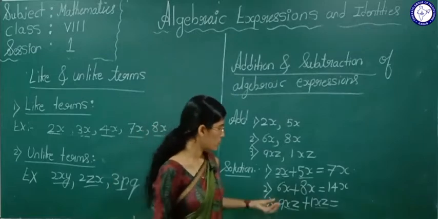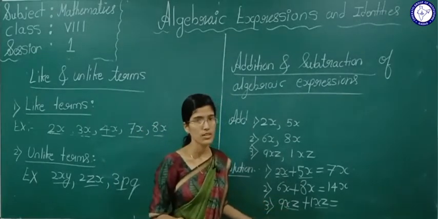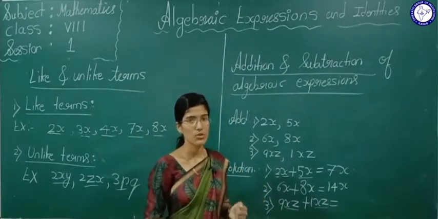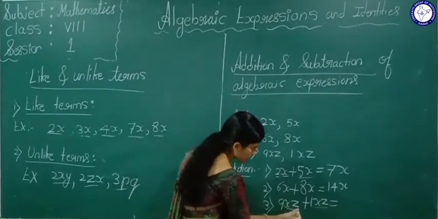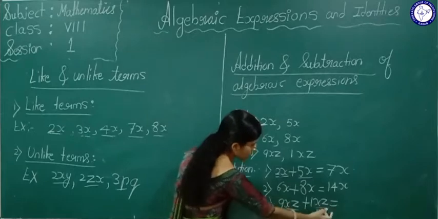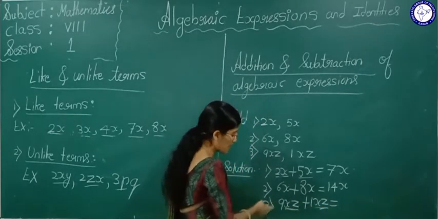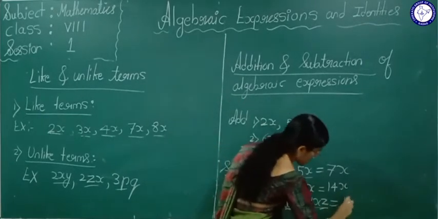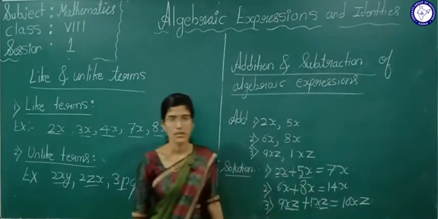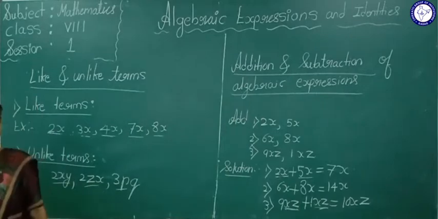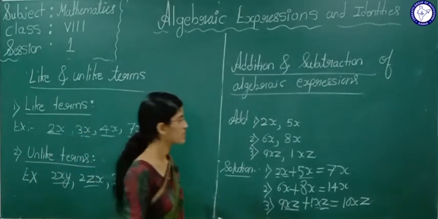If you don't know this, then you are not able to solve the further problems. So here, first you have to check these are like terms. xz, xz. Definitely these are like terms. 9 plus 1 is what? 10. The answer is 10xz. Okay. So you know this, right?